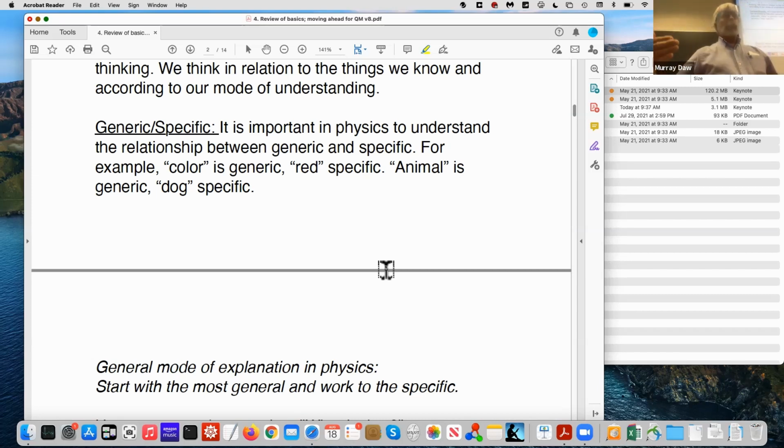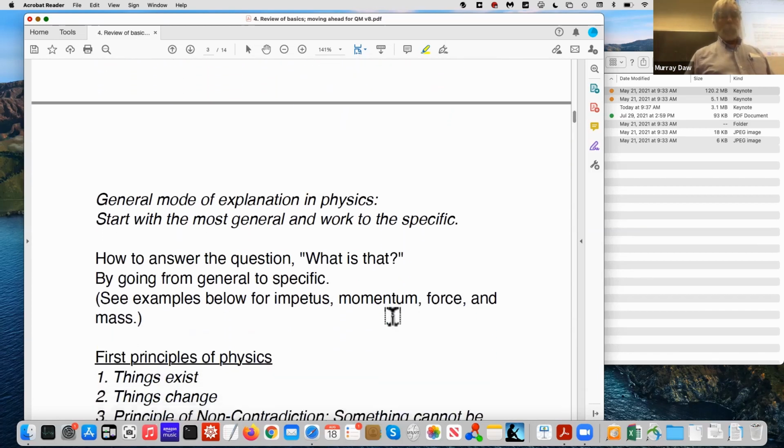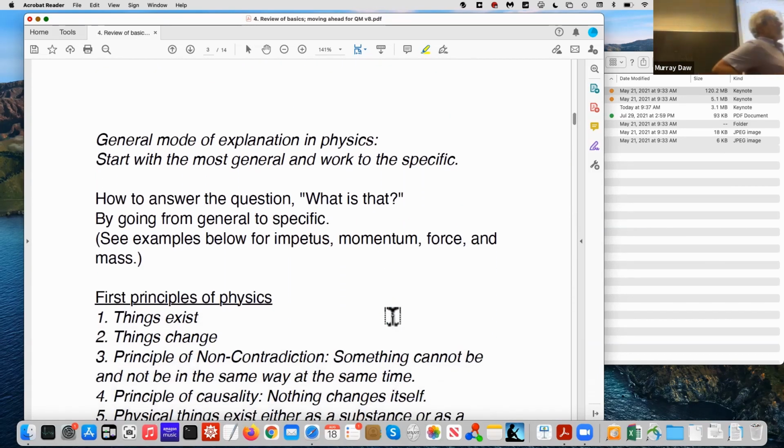Right? These are things you understand. So this is the way we're going to explain things, like answering the question about momentum, which I haven't done yet. We're getting to it. The way you're going to understand things and learn how to understand them is to go from the general to the specific. So I'll start to answer a question like, what is momentum? And I'll start with the most general aspect of it, and then I'll make it specific.